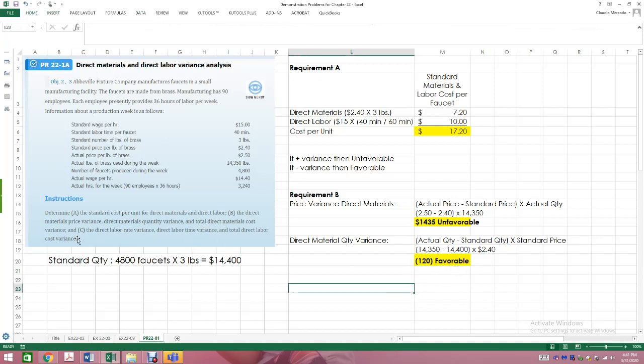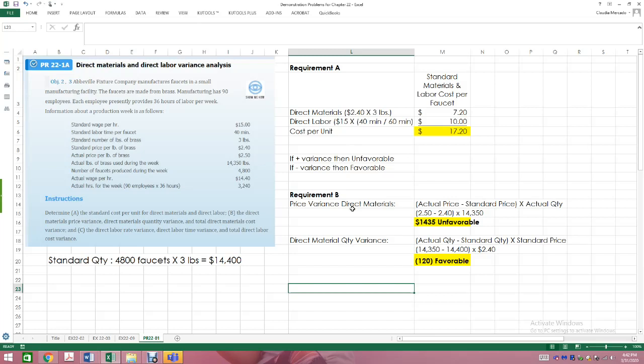Next we have, those are the two requirements for B, right? Direct materials price variance, and then direct materials cost variance. Price variance, let me see, what am I missing?